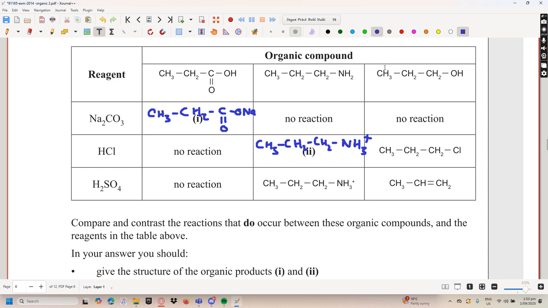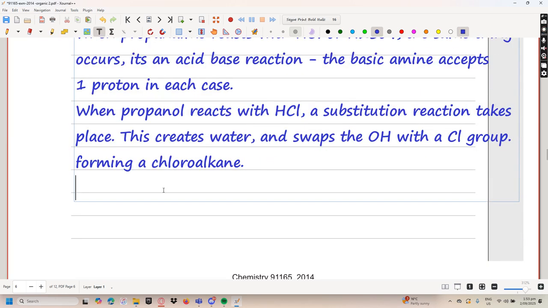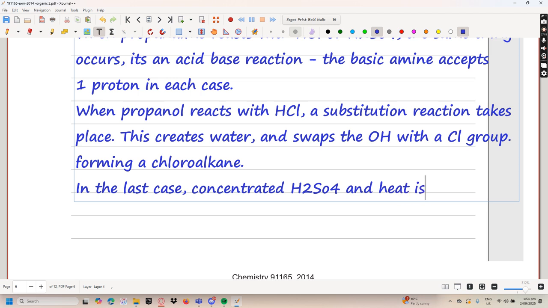However, going from an alcohol with H2SO4 to an alkene like this is elimination. So an entire OH group is being eliminated and a hydrogen as well. This carbon remains unchanged, this carbon loses a hydrogen, this carbon loses an OH group. So water is being driven off. In the last case, concentrated H2SO4 is required.